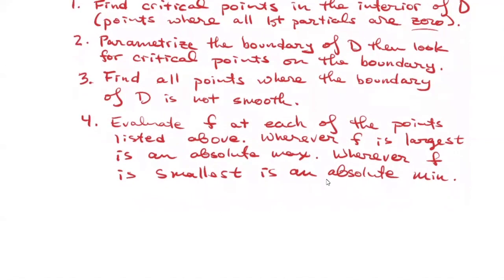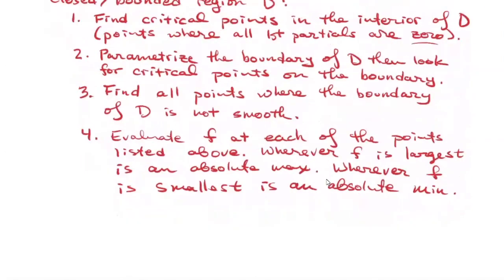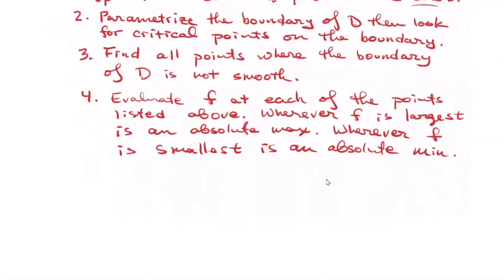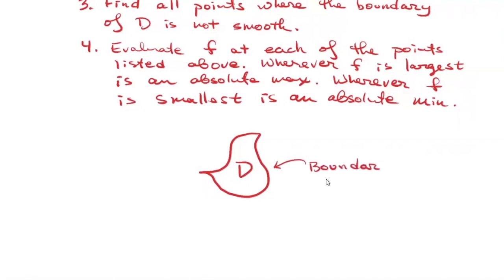Okay, I just want to maybe draw a little diagram here. So maybe just a picture down here. So here's my region. Okay, so this is D. This is the boundary of D. And these are points where the boundary is not smooth.